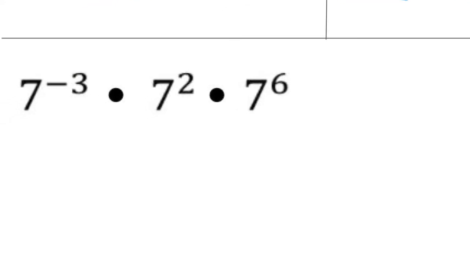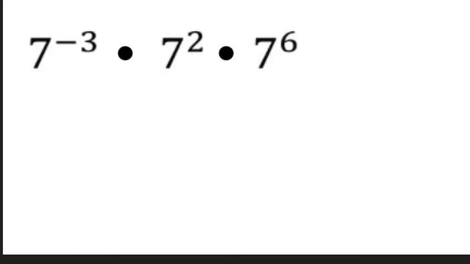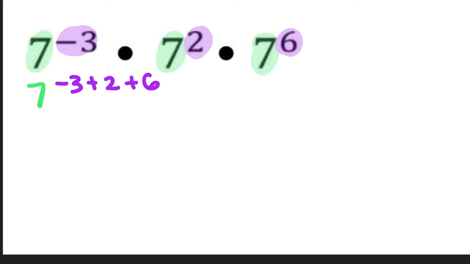And then for our last example, I can see that all 3 of these terms now have a base of 7, meaning that I can add the exponents for all of them. So I have negative 3, 2, and 6. So this becomes 7 and my exponent is negative 3 plus 2 plus 6. Now when I combine those, this becomes 7 to the 5th.